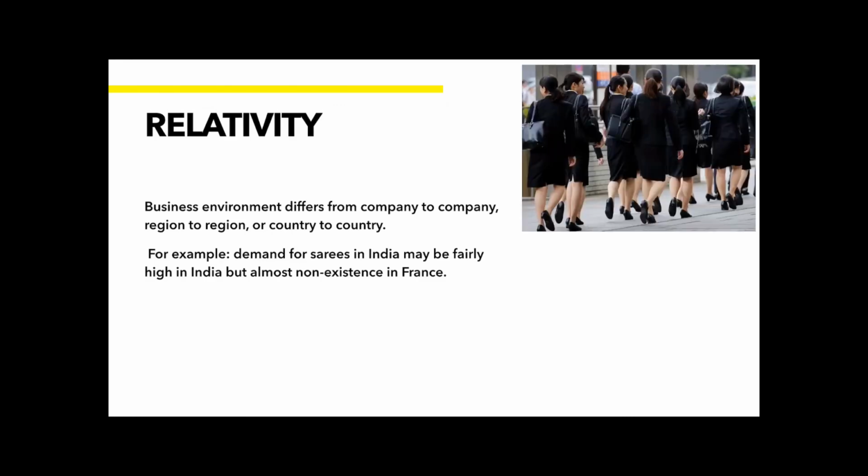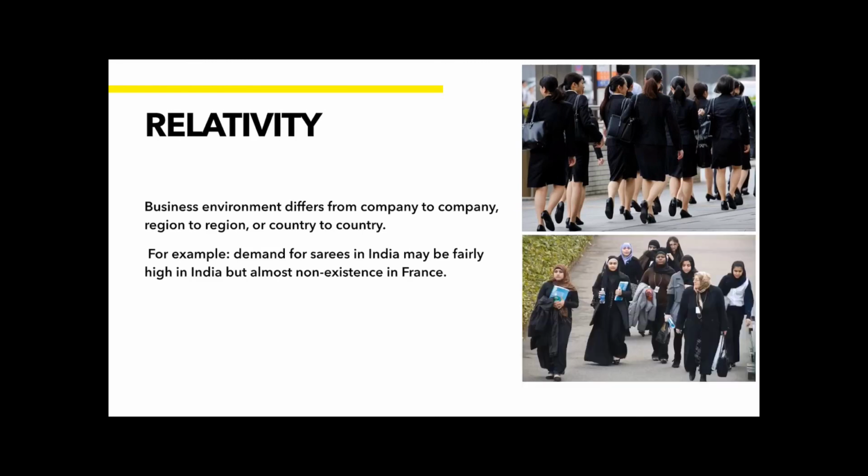In Japan, the work dress code for women is formal wear, especially skirts and heels. It is mandatory, meaning compulsory. But if you look at other Arab countries, it is totally different.